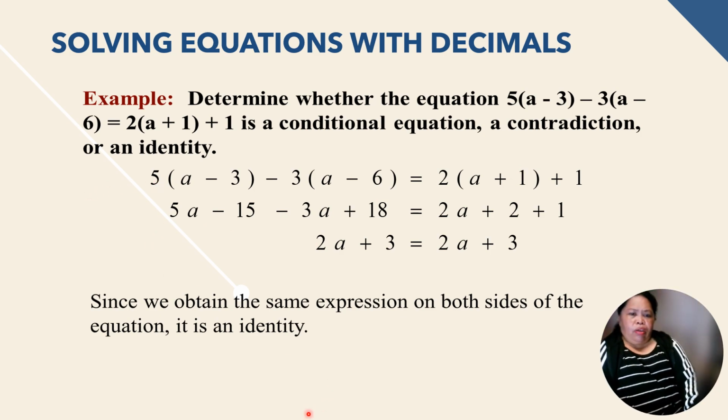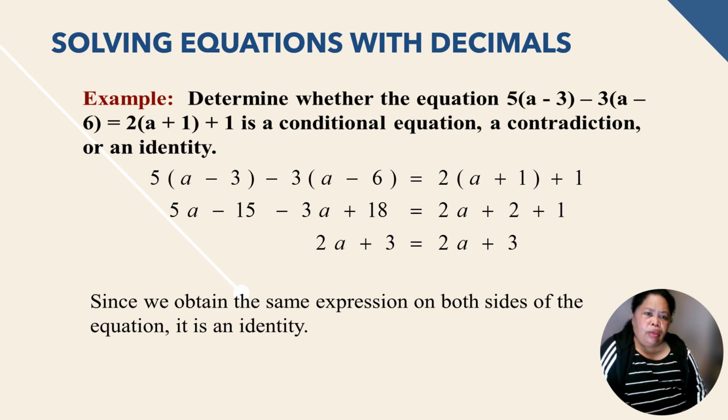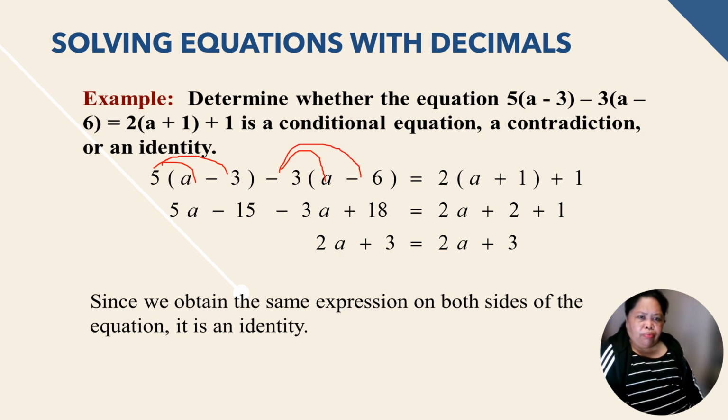So here we have 5 times a and then 5 times -3. The -3 times a and the -3 times -6. So we got here 5a minus 15, that is minus 3a plus 18. Because negative times negative, so that's positive 18.